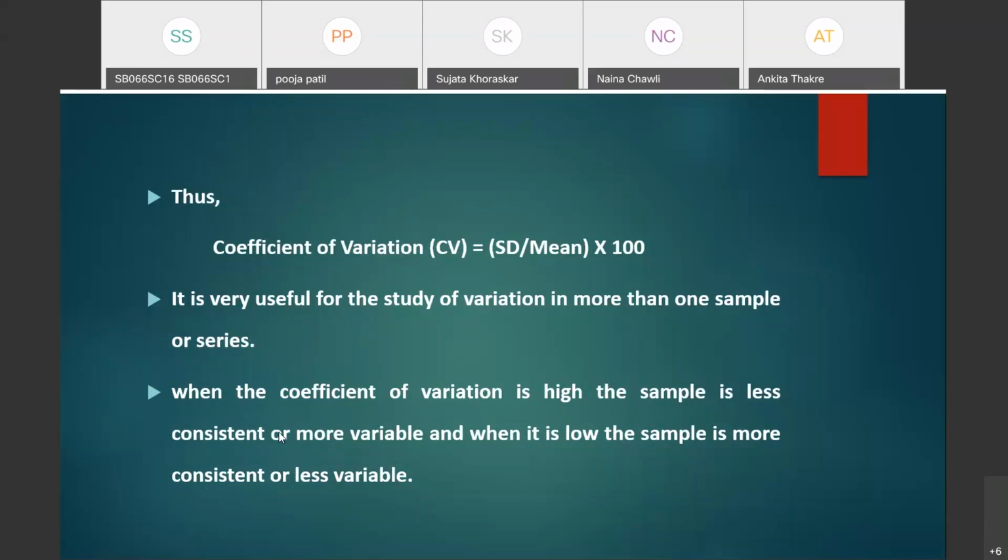That is the simple formula to calculate the coefficient of variation.